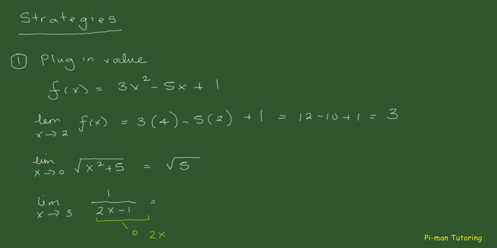So that means 2x minus 1 would be 0, or x is equal to 1/2. So if we were asked to evaluate the limit at 1/2, we would have a little more difficulty. But in this case, we're asked for the limit of this function as x approaches 3. And in that region of the function, it is well behaved. And so again, we can simply plug in the value and we get 1 divided by 5.